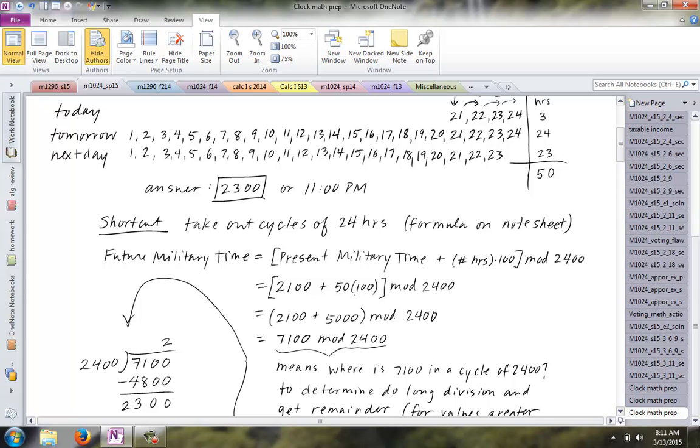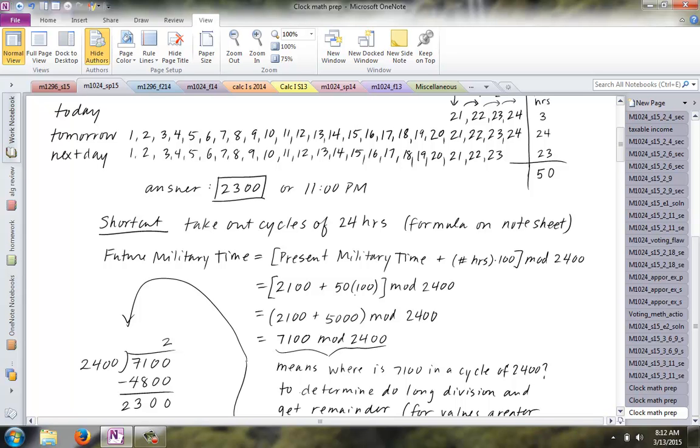And then you add that to the present military time and take it, and it says mod 2400. So the mod 2400 is like, take out the cycles of 2400 hours. That's what you can think of that as meaning.